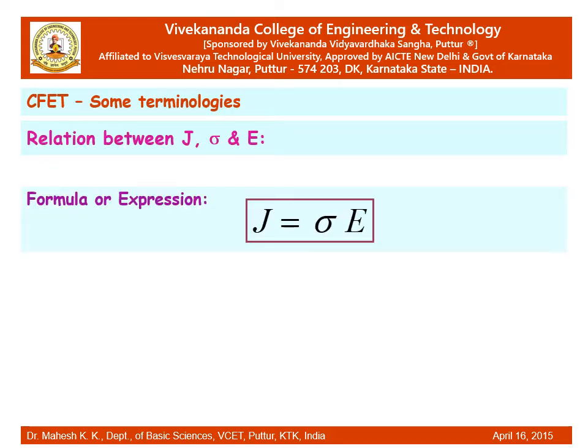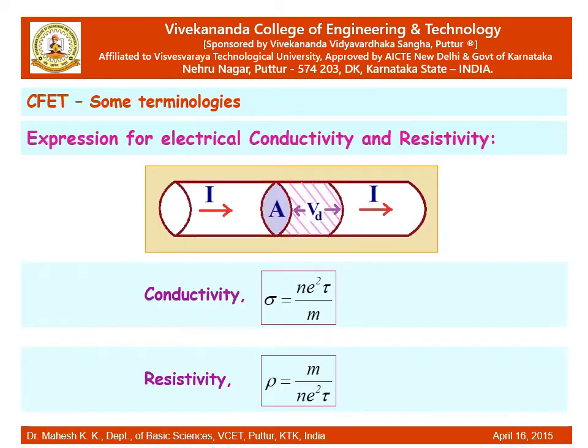In the next few slides, let us look into a few relations which you are also familiar with. The first one is J is equal to sigma E, where J is the current density, sigma is the electrical conductivity, and capital E is the electric field. Here I am just giving the equations. We don't have derivations for you in your syllabus.